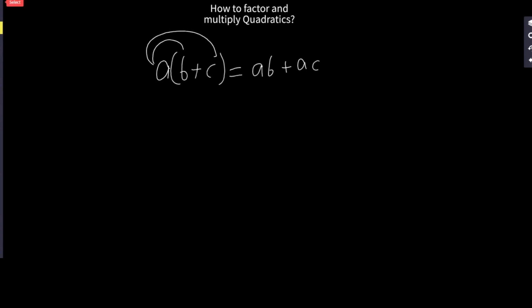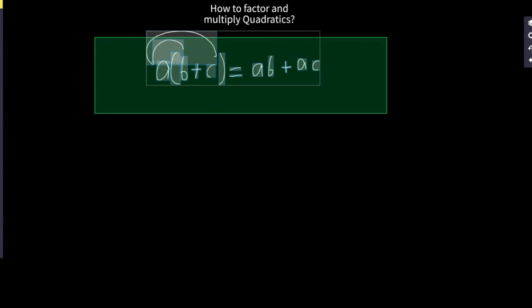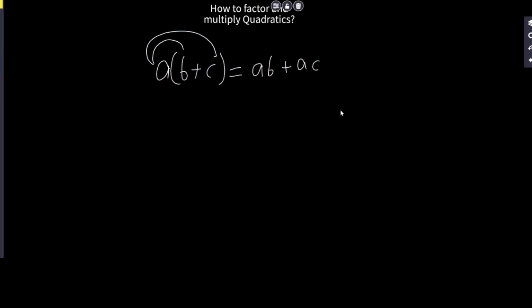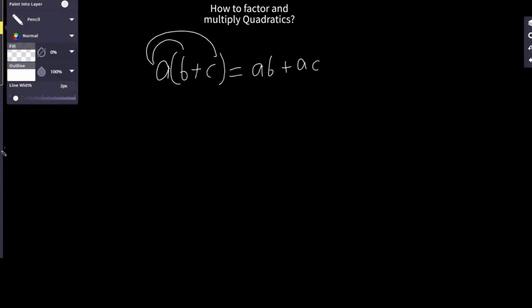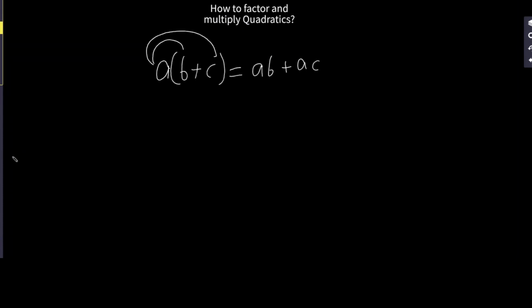Alright, now let's get into a more advanced version of the distributive property called factoring. Now factoring is not really more advanced, but it's basically just the opposite of the distributive property. So instead, we can take ab plus ac.